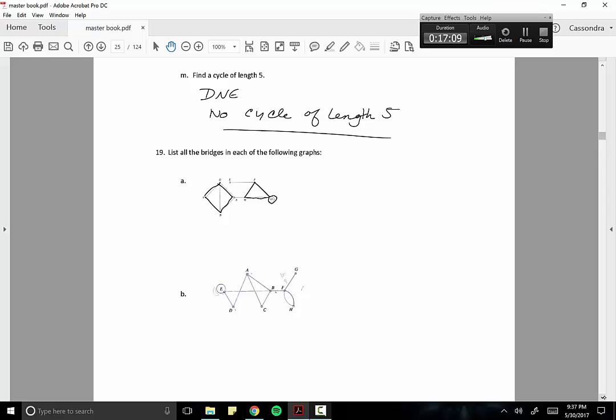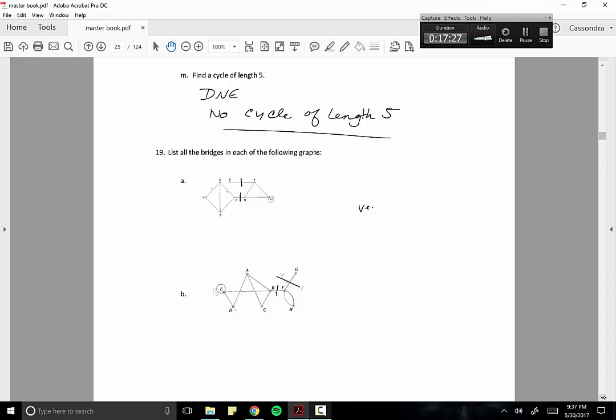19, list the bridges. I'm going to erase this right now so we can do that. A bridge is an edge that will disconnect the graph, okay? So here, EF and AH are bridges. Here, BF and FG are bridges.